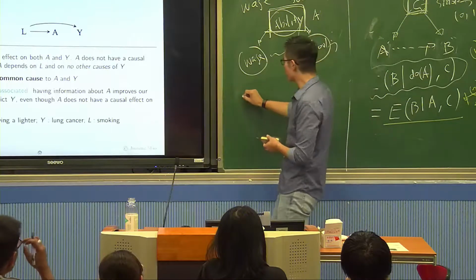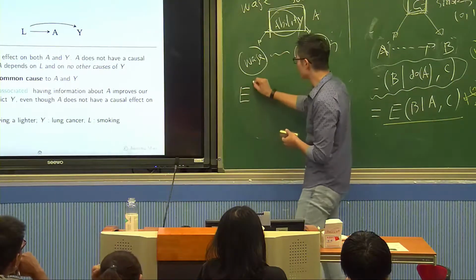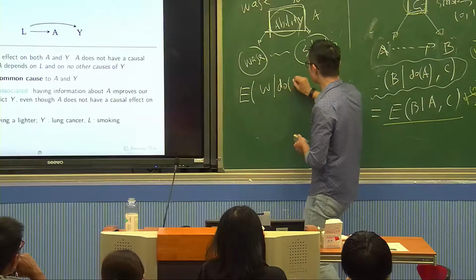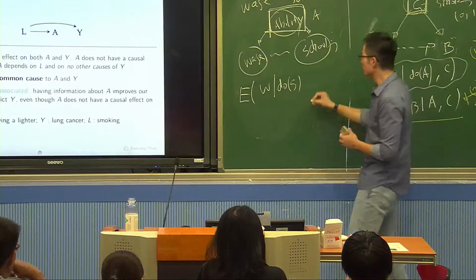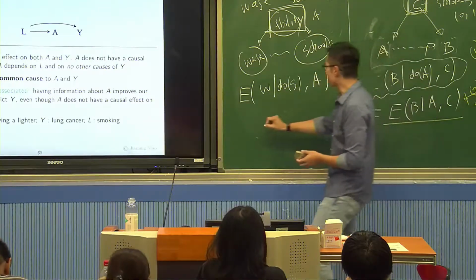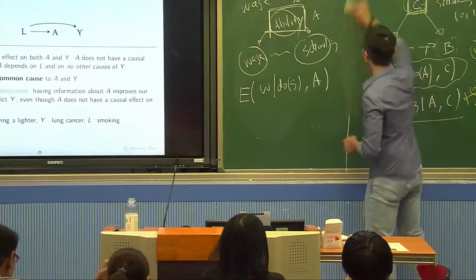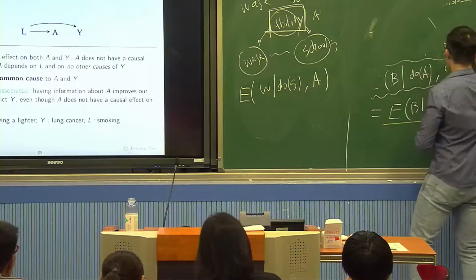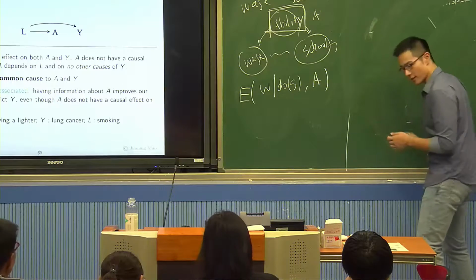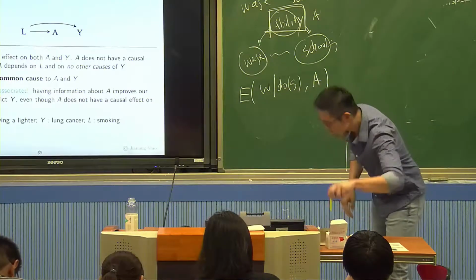So, in other words, E[wage | do(schooling), causal, but conditional on ability] is equal to, okay, all right. So it's equal to what?